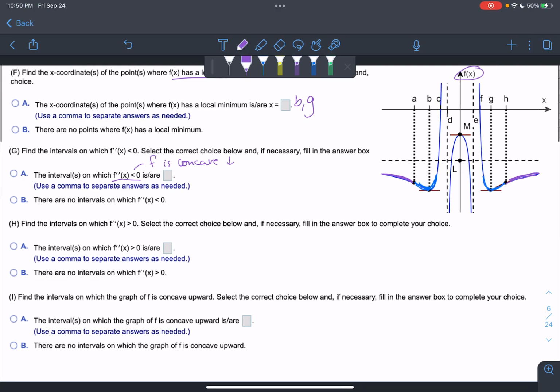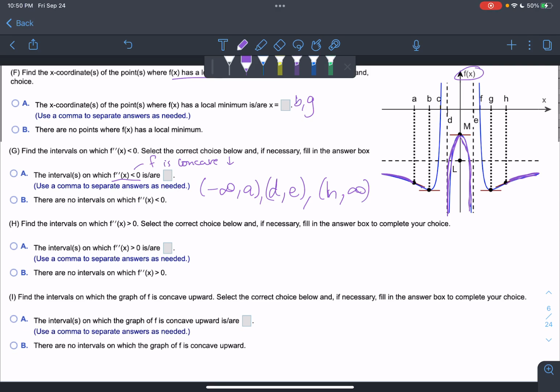But anyway, we are looking at concave down, so not these pieces. And then we also have this piece right here in the middle. That's definitely concave down. And so these intervals here are negative infinity to A, and then that middle piece D to E, and then our last interval, H to infinity.